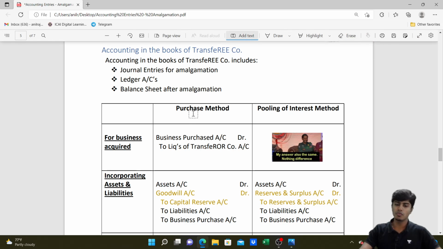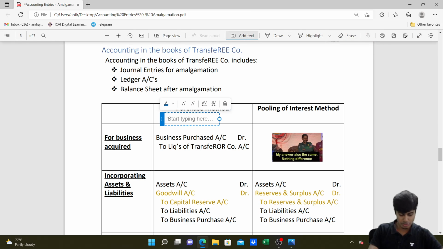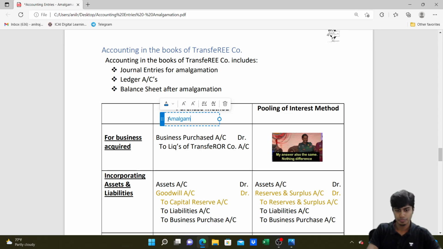Purchase method is followed when it is amalgamation in the nature of purchase. When it is amalgamation in the nature of purchase, we do purchase method.